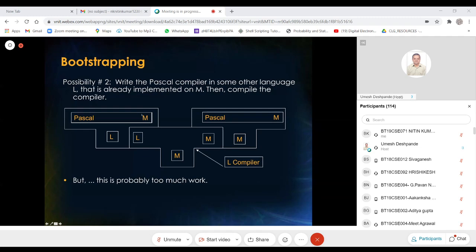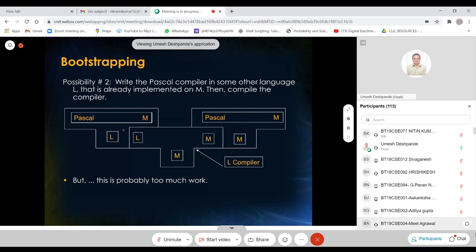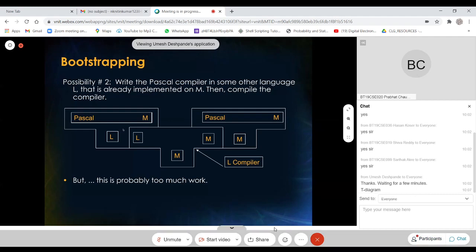The target language is M, and the implementation language of the compiler is this language L itself, because we now know that we have the compiler of L available with us. Now suppose we are able to write this program. First question: is this easier for us than writing this compiler in assembly? Of course it is easier, right? We are using a higher level language now to develop the compiler rather than the assembly language.